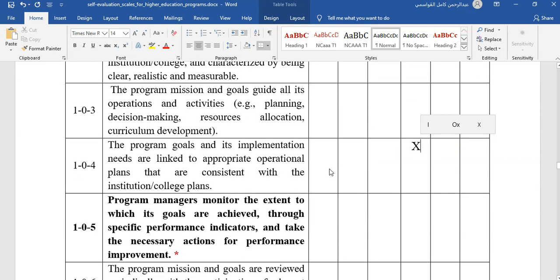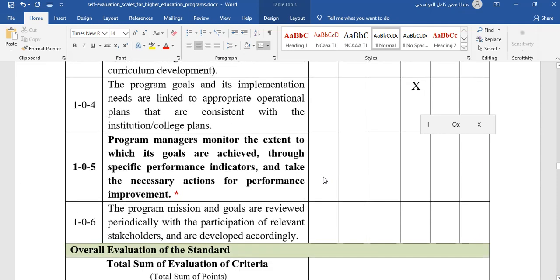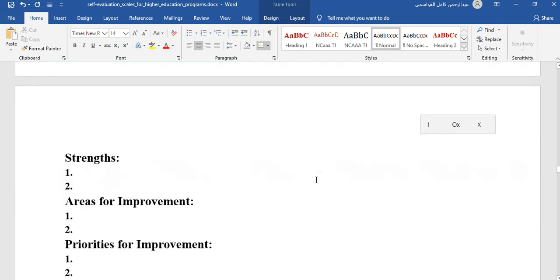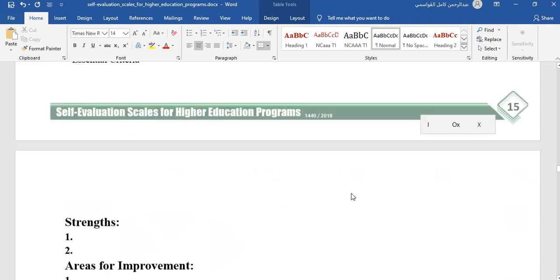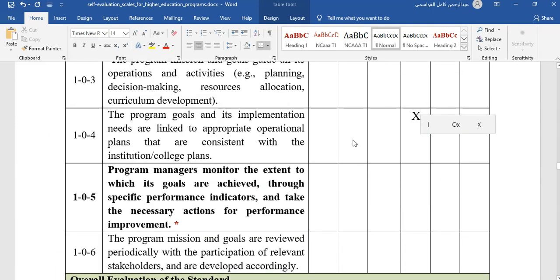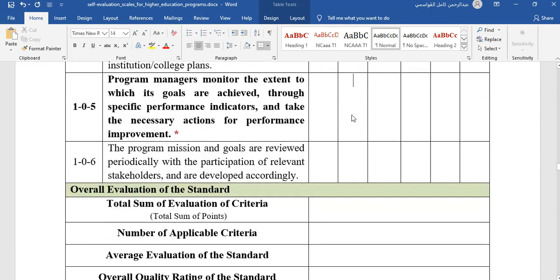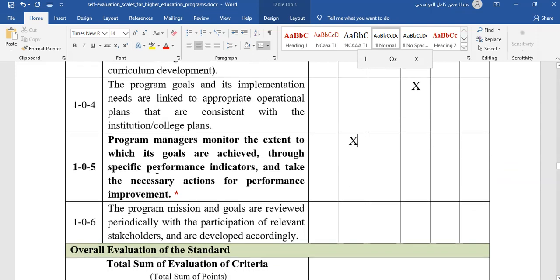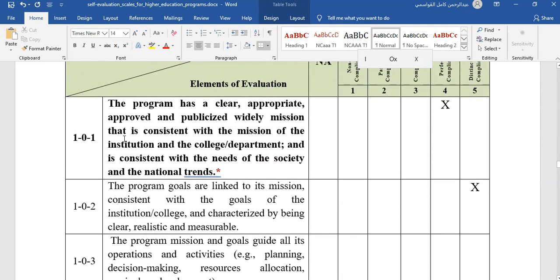it needs justification, and you have to write areas for improvement. For example, for this one, number 2, be careful. The criteria written in bold are essential and should be answered, and you have to be careful with them.